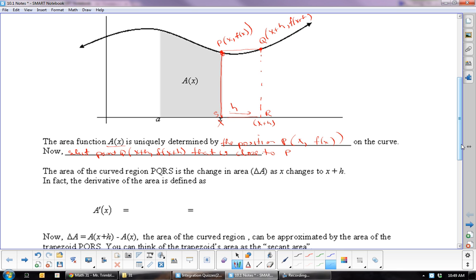And I just want to make a note. We exaggerated on the diagram to see better. But you can see how by putting Q that far away, it's not a great approximation, because look at all of this.